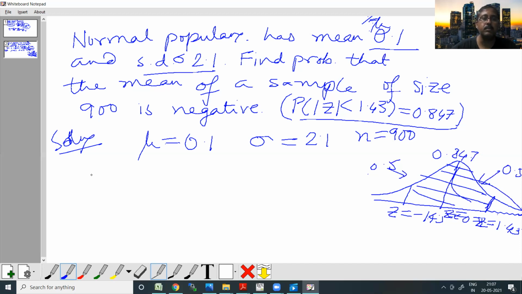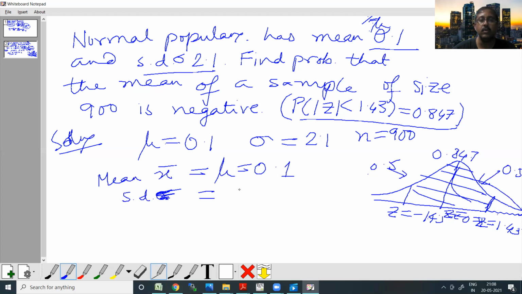So the sampling distribution for the sample mean will have a mean equal to the population mean. The mean of the distribution is mean of x bar equal to mu, which is 0.1. And the standard deviation, I should not say sigma because that is going to be confusing.